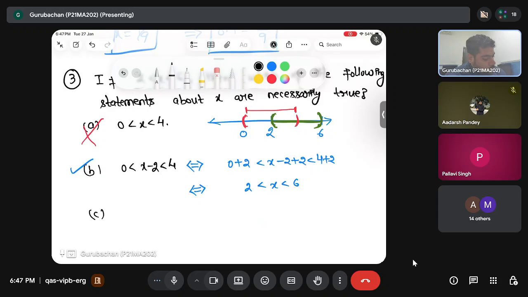Next one is 1 by 6 less than 1 by x less than 1 by 3. What will be the scenario in this case?